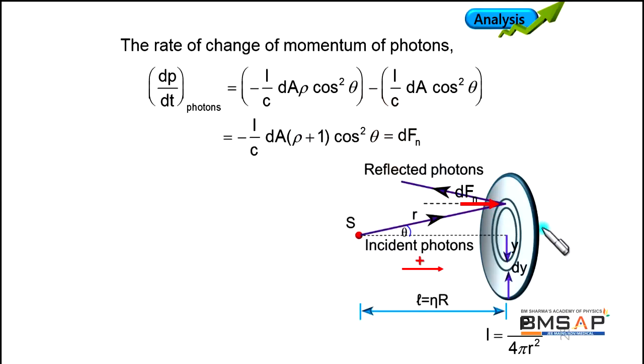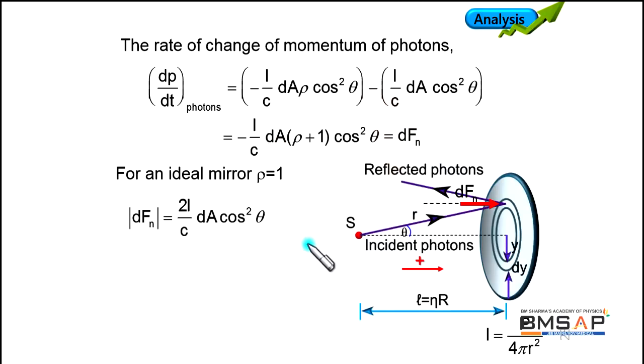Now this plate is a mirror plate and it is reflecting 100% because it is not given, it is given only that it is a mirror plate. So here we are considering that the plate is reflecting 100% of the radiation. That means rho should be equal to 1. If rho is equal to 1, then the magnitude of the force should be equal to 2I divided by C dA cos square theta, right.